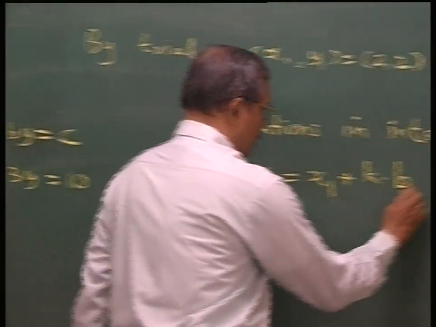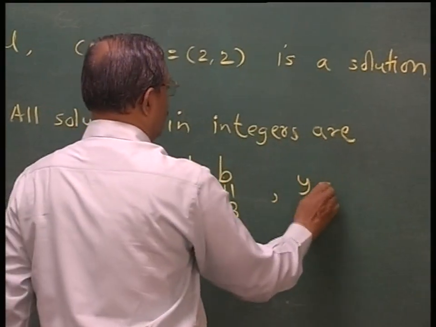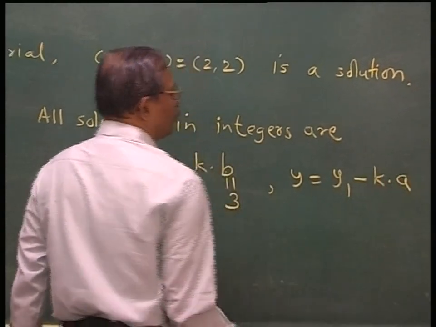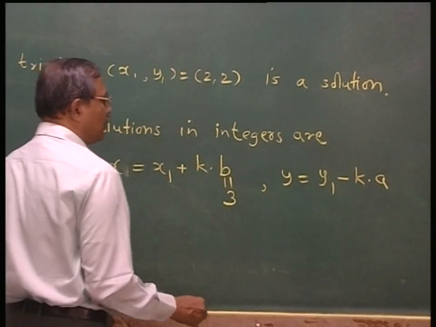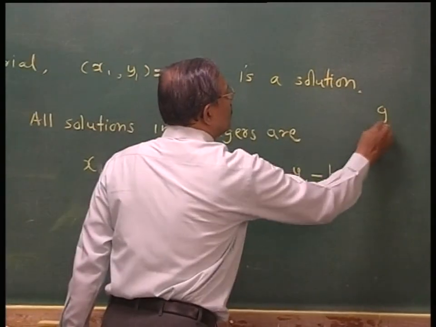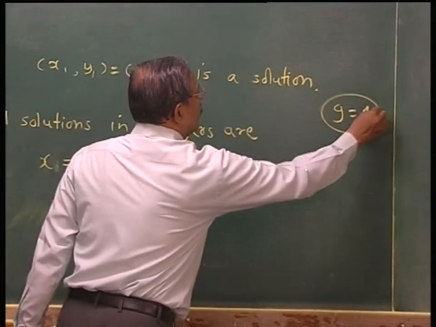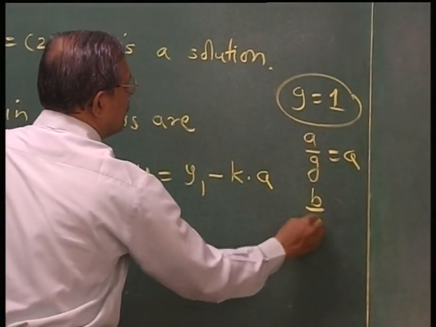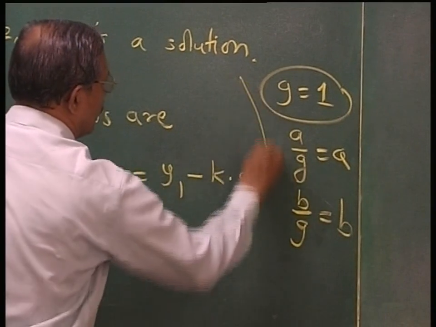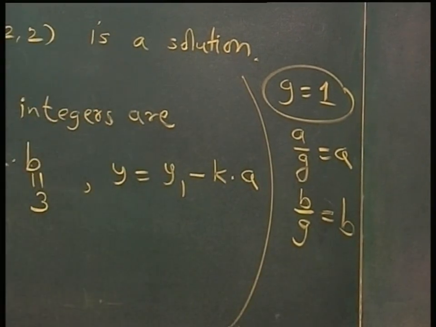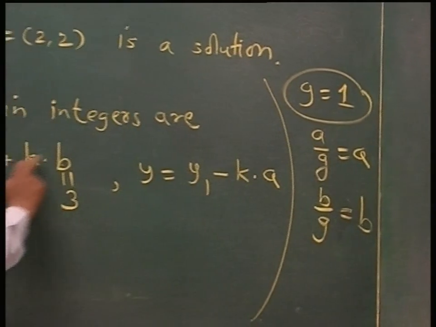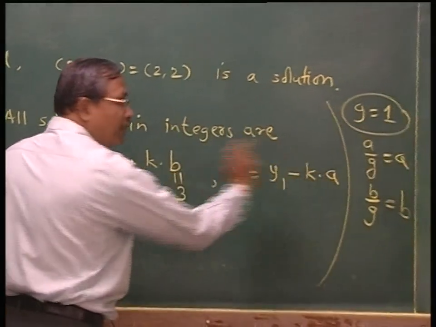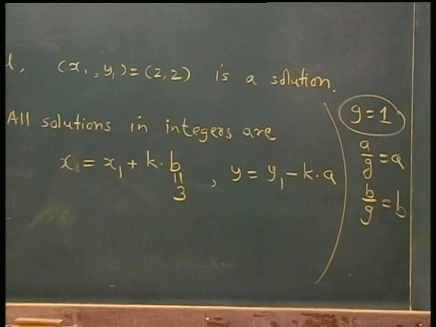This b is 3 and y equal to y1 minus k times a. Note that g is equal to 1. So actually, because g is 1, a by g is just a, and b by g is just b.